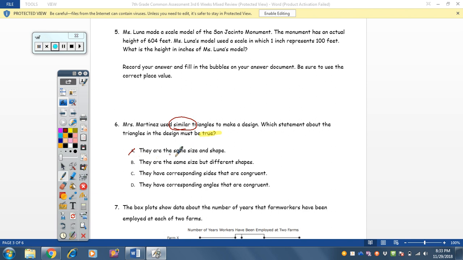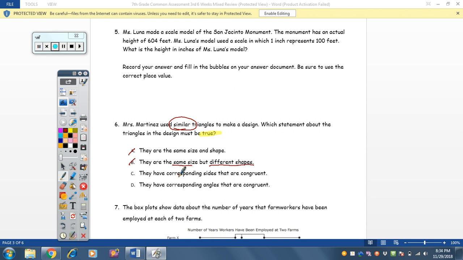B says they are the same size but different shapes. Are they the same shape, different sizes, or are they the same size, different shapes? Same shape, different size.